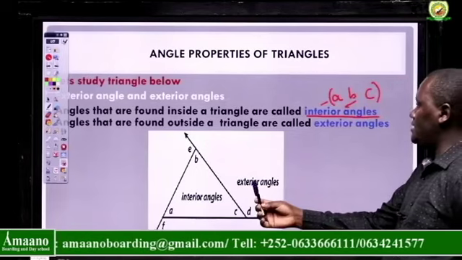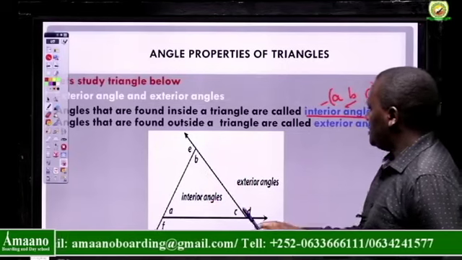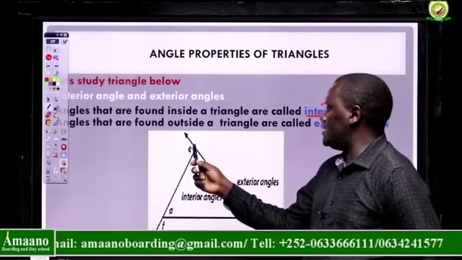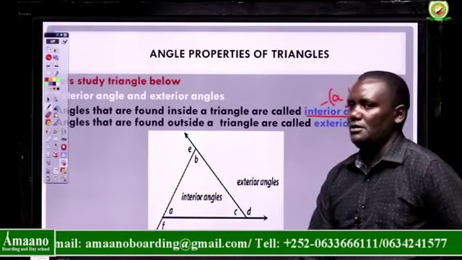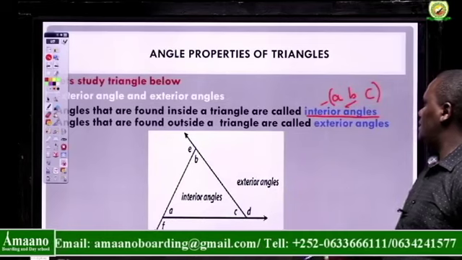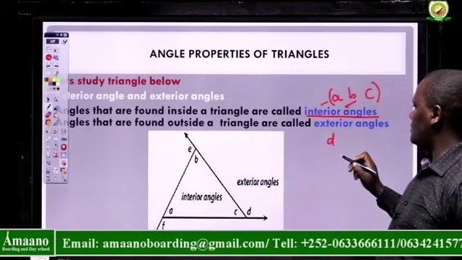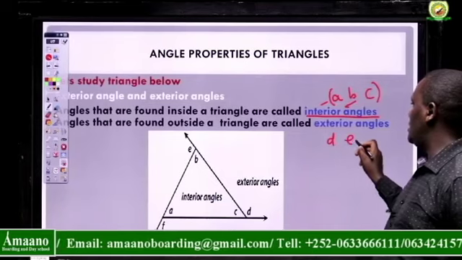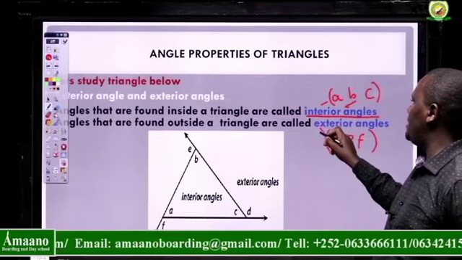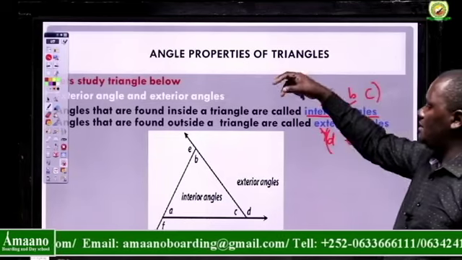Interior means they are inside this triangle. These angles that are outside this triangle are called exterior angles. That is angle D, angle E, and angle F. Exterior means outside, and interior means inside.